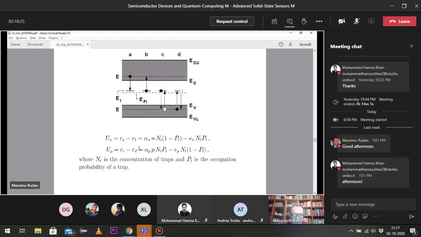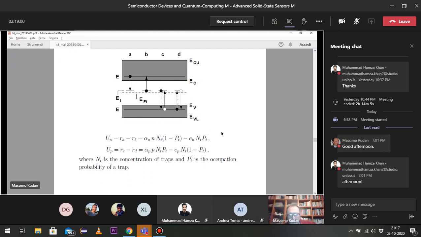It's intuitive that if the parameters are known, if alpha n, alpha p, en, ep, and the trap concentration are given, when we put Un equal to Up, we obtain an expression involving small n, small p, and the probability PT of occupation of the traps. So it's one expression.